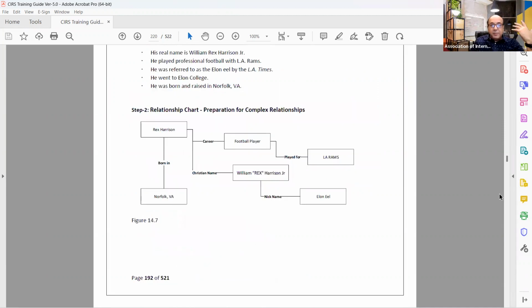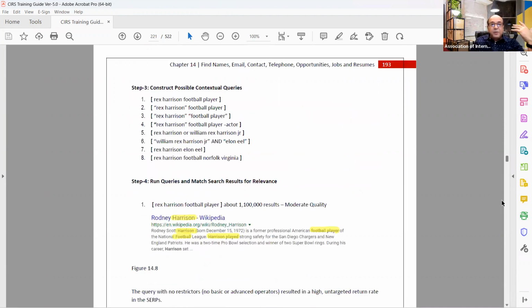So with this example, you will see that we have used different ways of figuring out how to get to the football player by showing different steps, consider possible contextual queries, so you can make these queries. The Christian name could be the same also, and that could create a problem.